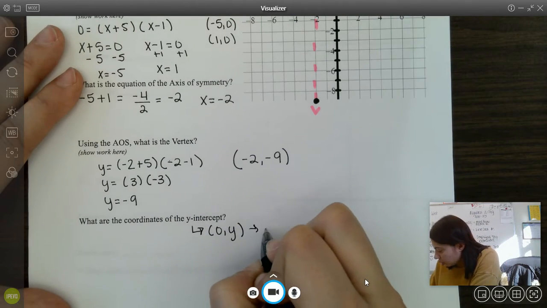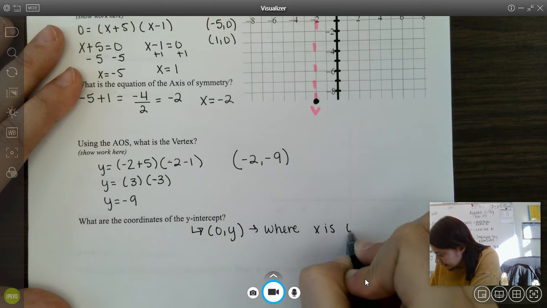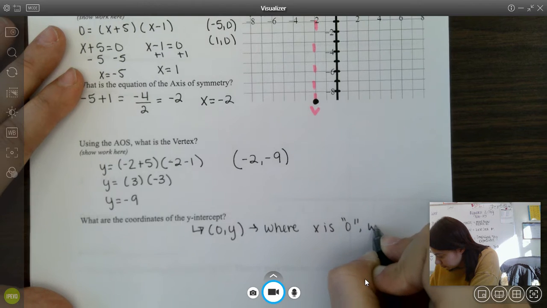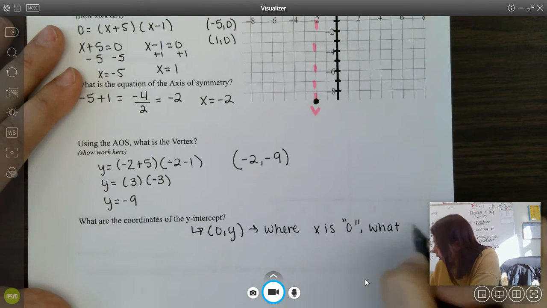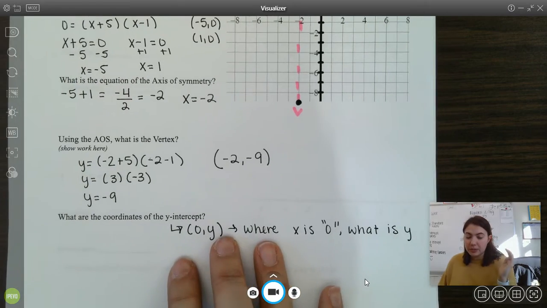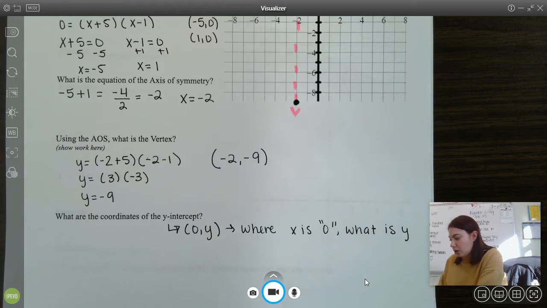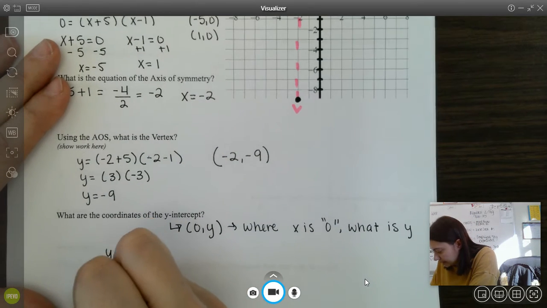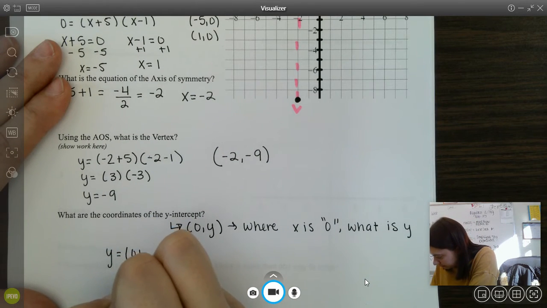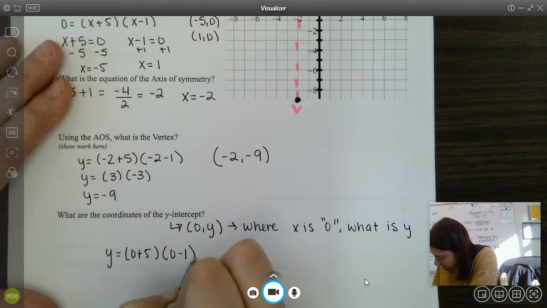So really, where x is 0, what is y? All we're going to be doing here is plugging in 0 for x, finding our y value, and that's our y-intercept. So again, y is equal to 0 plus 5 times 0 minus 1.